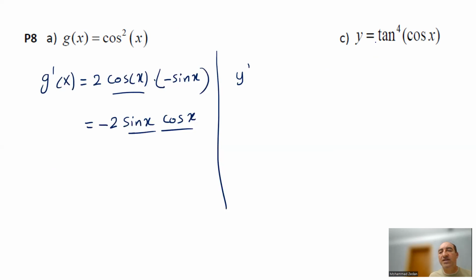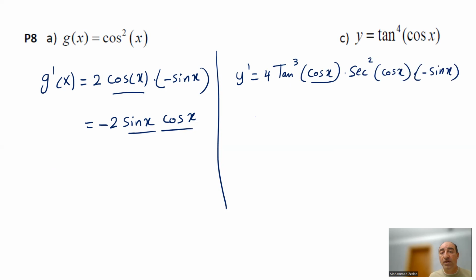y prime, the other side, tan to the power 4 of cosine x. Just bring 4 here: 4 tan cubed of cosine x, times the derivative of tan, which is secant squared, so you have to write secant squared of the same angle, cosine x, still multiplied by the derivative of cosine, which is negative sine x.